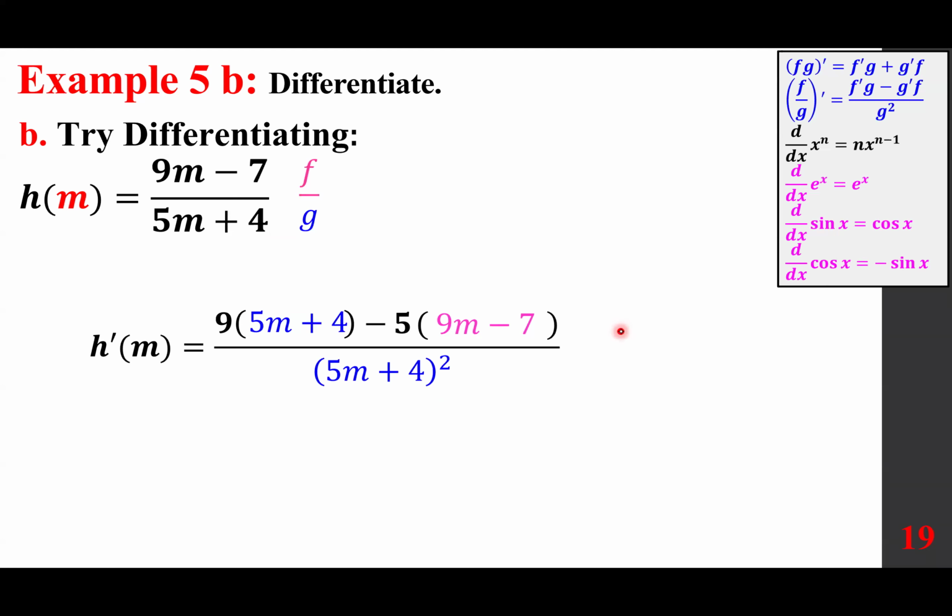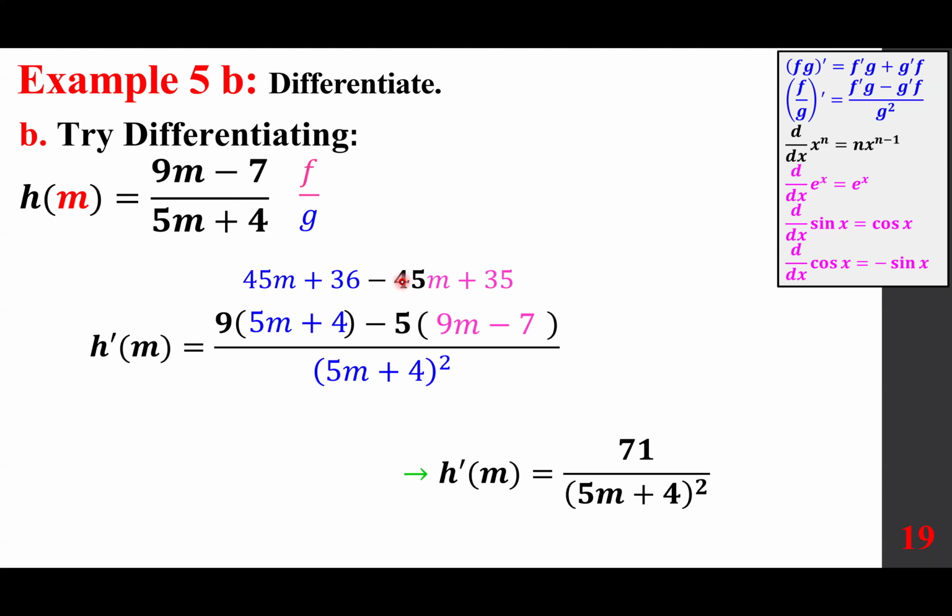All we have to do is simplify the numerator. So we're going to distribute and we get 45m plus 36 minus 45m plus 35. 45m and negative 45m cancel each other.